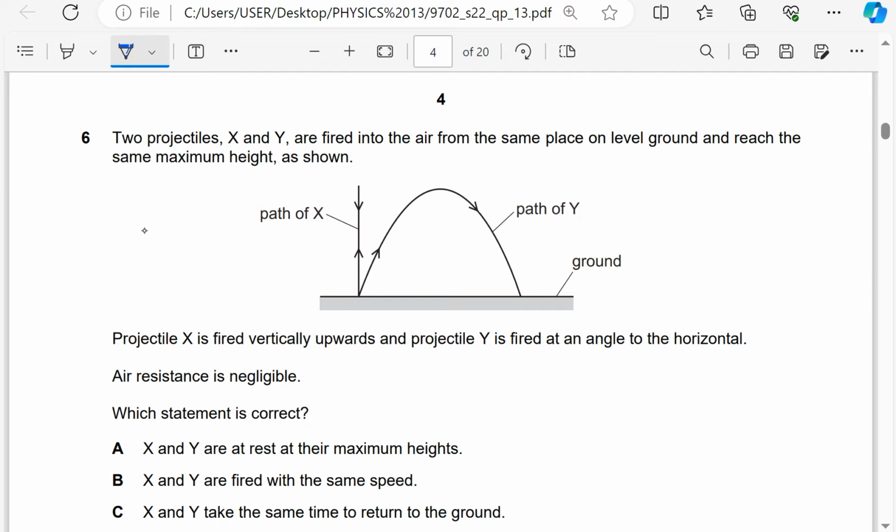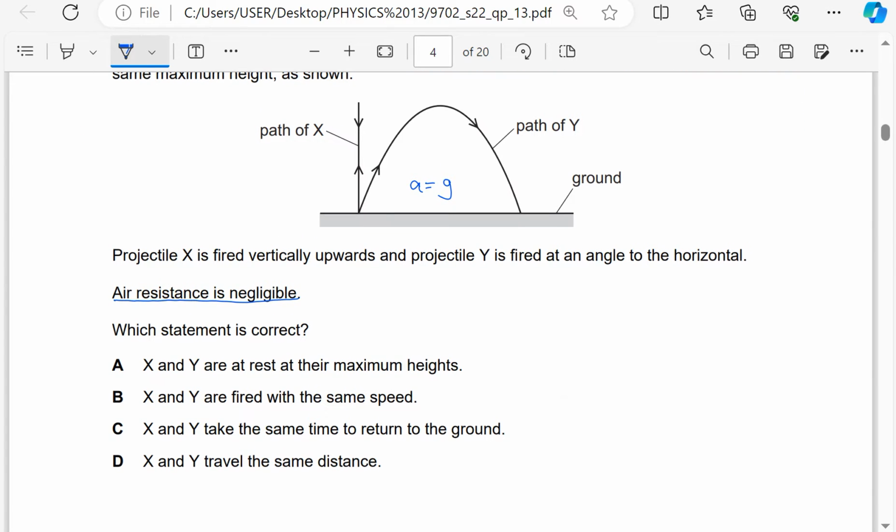Air resistance is negligible. Of course, if air resistance is negligible, the acceleration for both is simply g. Since there is no acceleration in the horizontal, the acceleration is only acting in the vertical. So they have the same acceleration, only that, of course, for both the acceleration is negative because they initially move upwards. So which statement is correct?